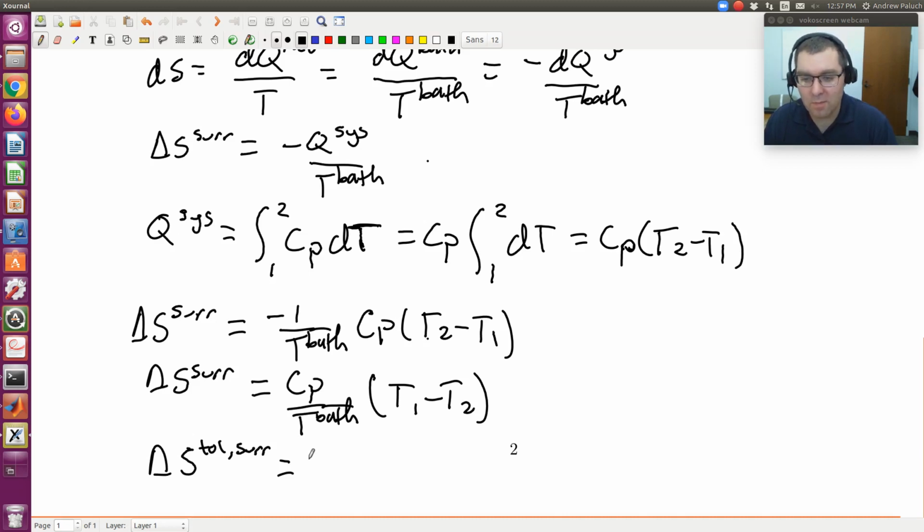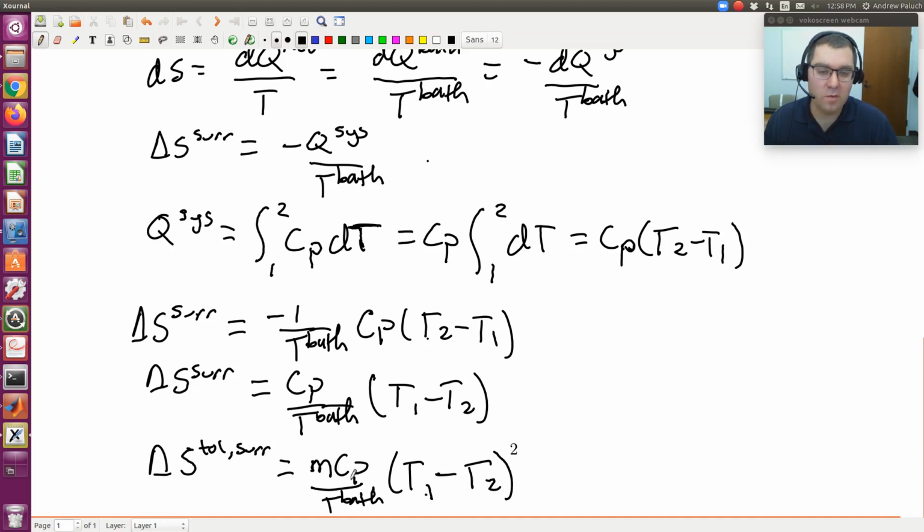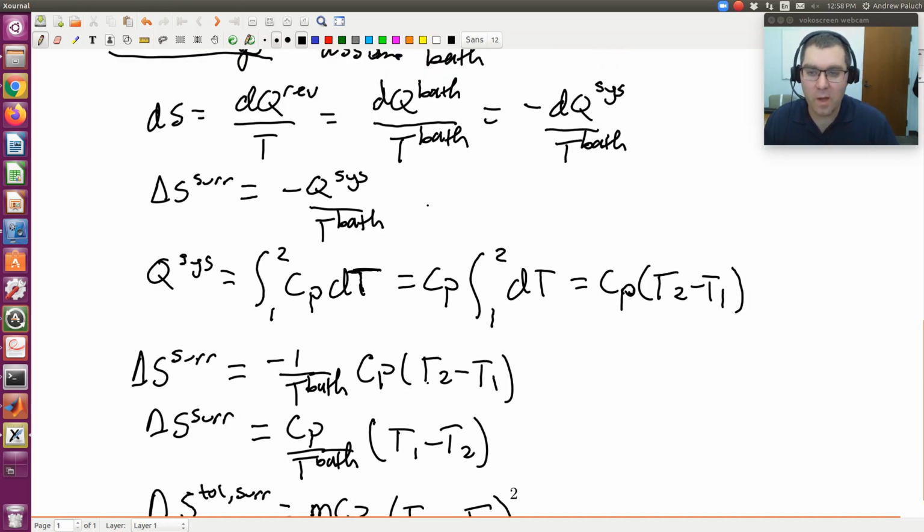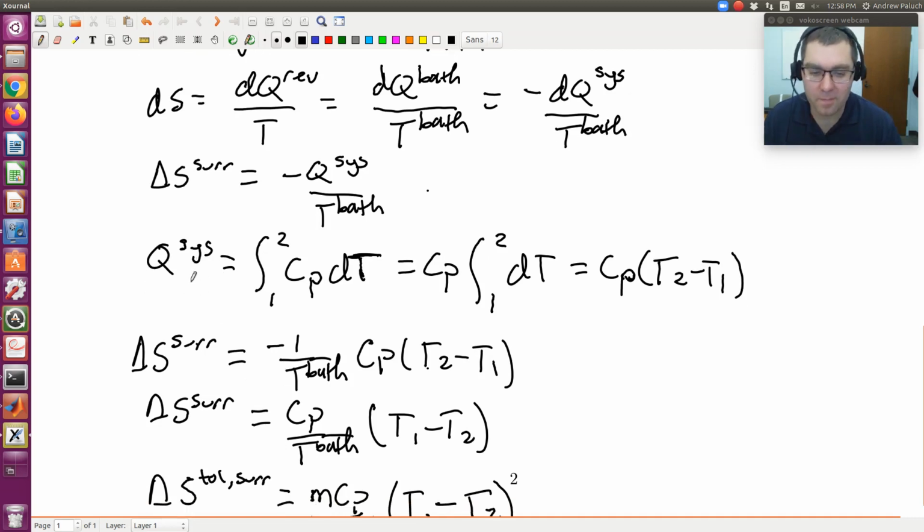So I can write it as m Cp over T bath times T1 minus T2. Mass here corresponds to my block, because if I want the extensive Q, it corresponds to the heat released by the block.